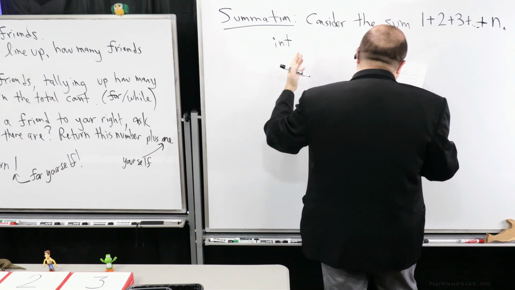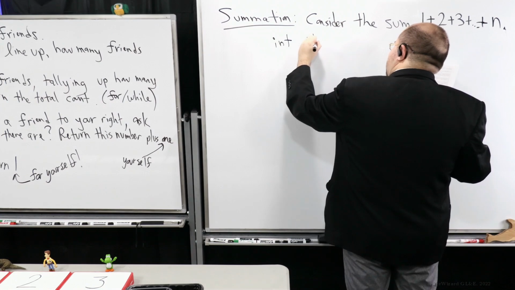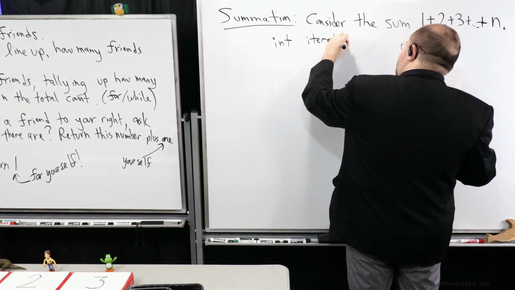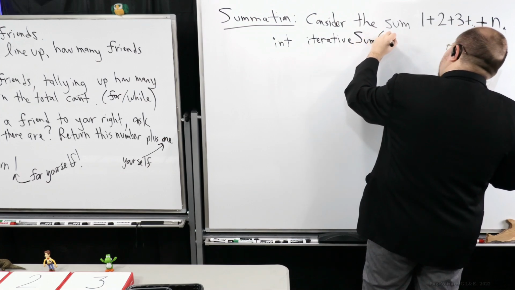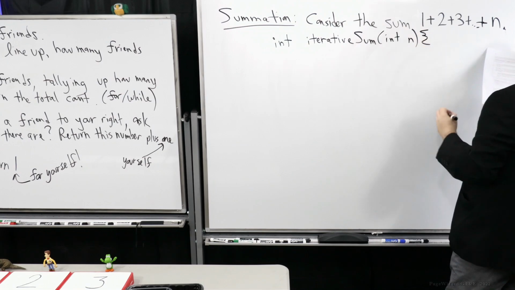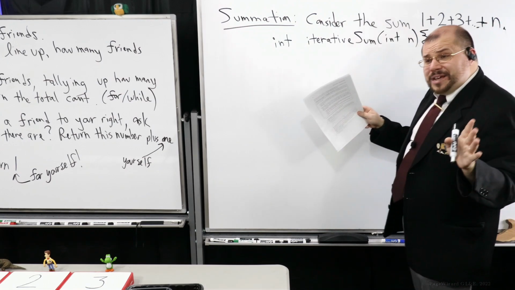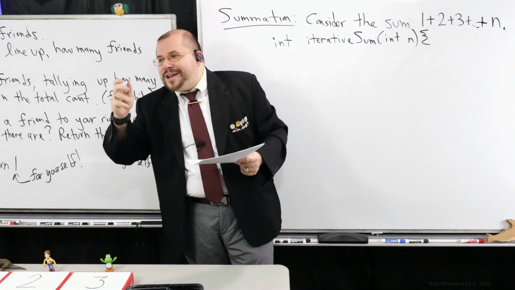So suppose I have a function that's going to return an integer, and I'm going to call it iterative sum. And it takes in an integer n. So what I'm going to do is something quite similar to what I did in our last example. I'm going to keep a running total.